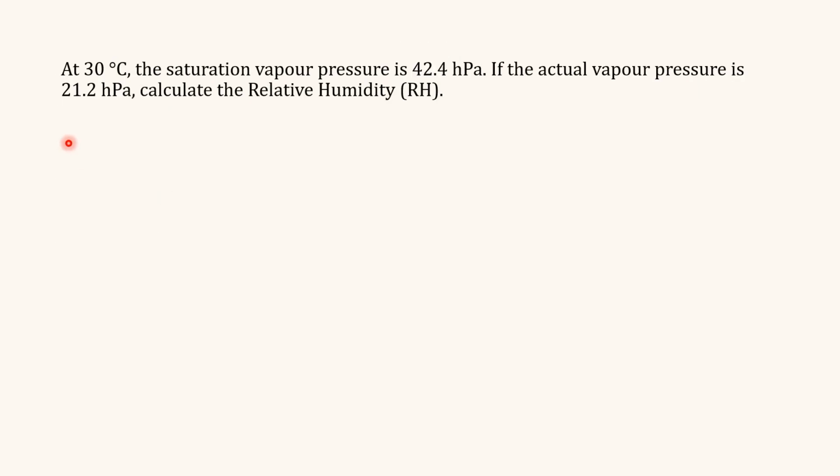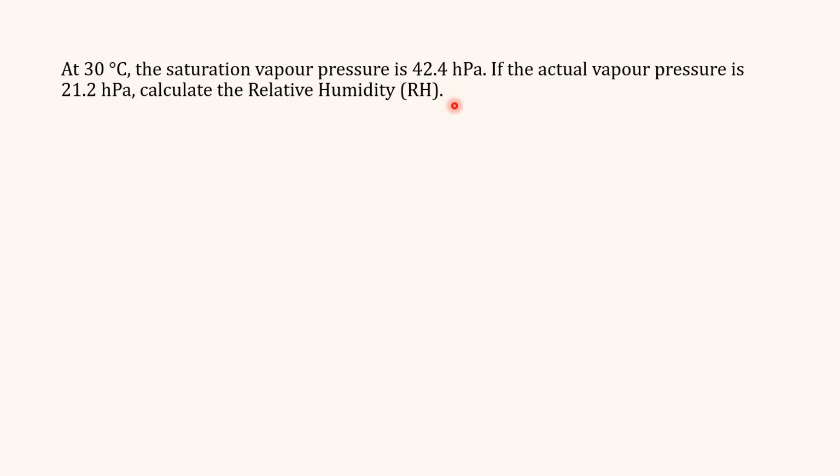Next question is: at 30 degrees Celsius, the saturation vapor pressure is 42.4 hectopascal, and the actual vapor pressure is 21.2 hectopascal. Calculate the relative humidity. Before moving further in this video, I want you to pause and try to solve this question.